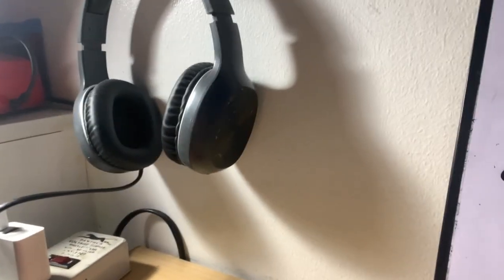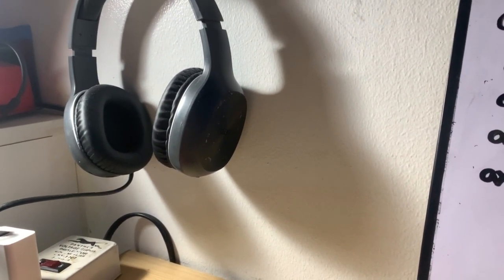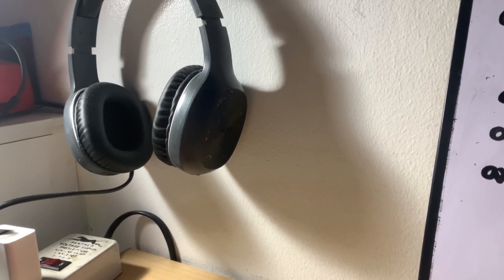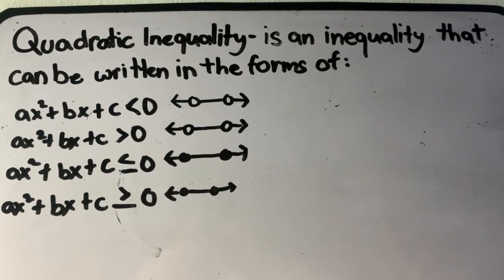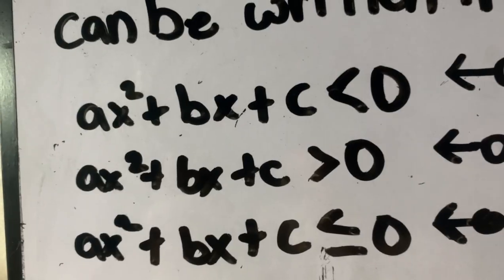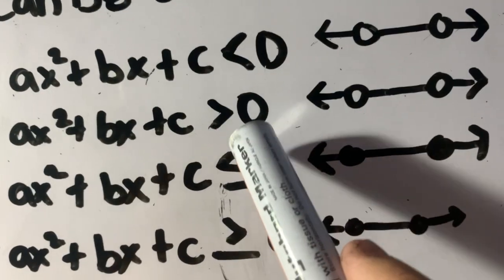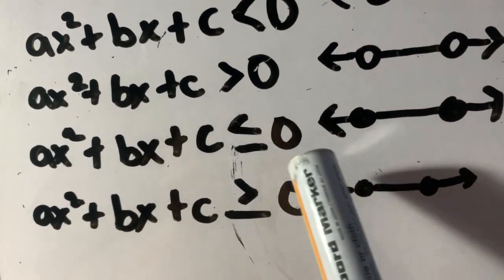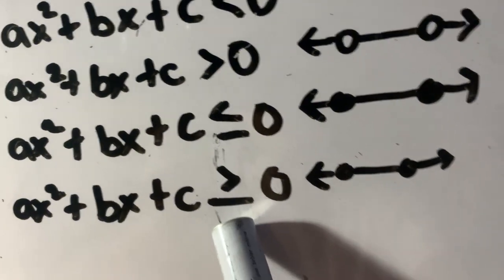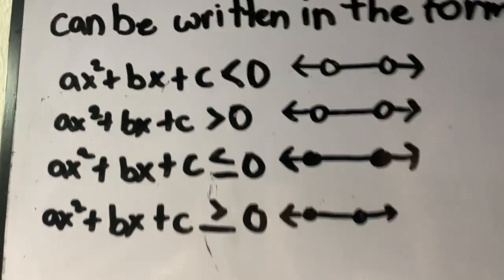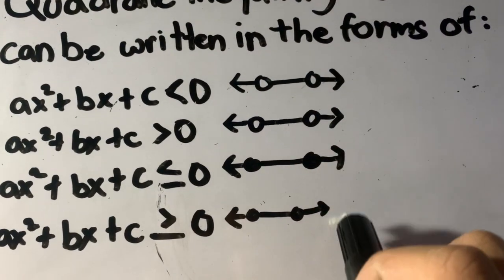Now let's go to the quadratic inequalities. So now we all remember what the quadratic equation is, right? ax squared plus bx plus c equals 0. But in quadratic inequality, it is written in the form ax squared plus bx plus c is either less than, greater than, less than or equal to, or greater than or equal to 0.